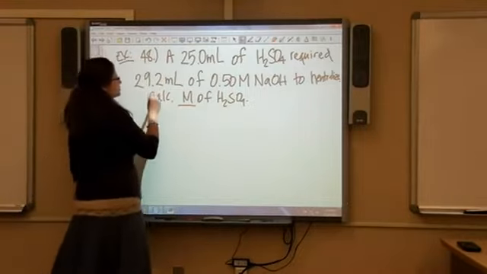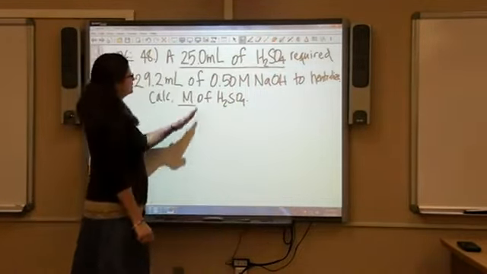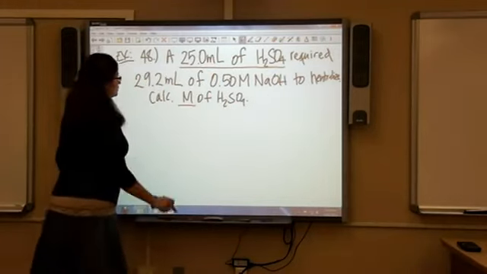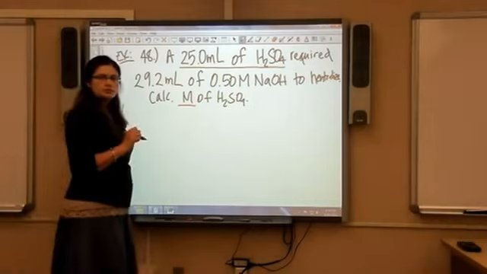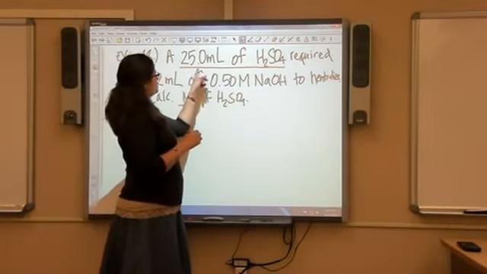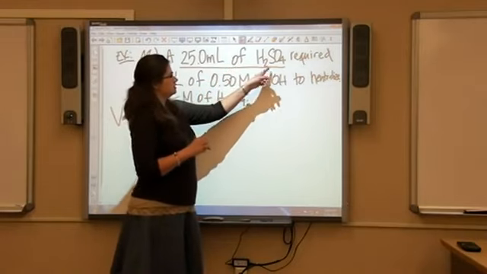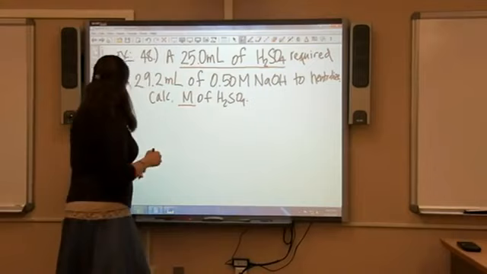Okay, so we're given this value right here. We're given a volume, because that milliliters is volume. So I know that's V something. But is it VA or VB? Well, we have to look. Milliliters of something. Is that an acid or a base? That's an acid.